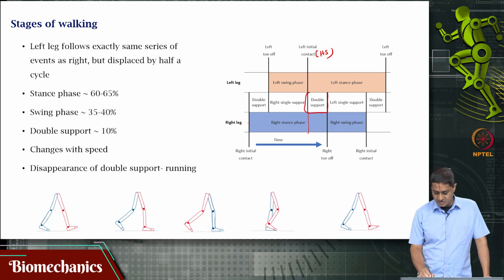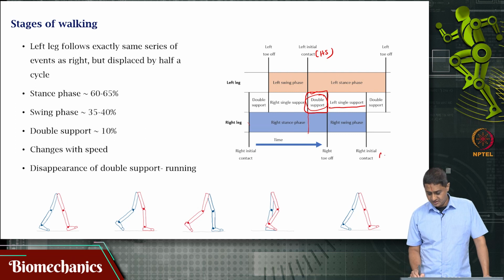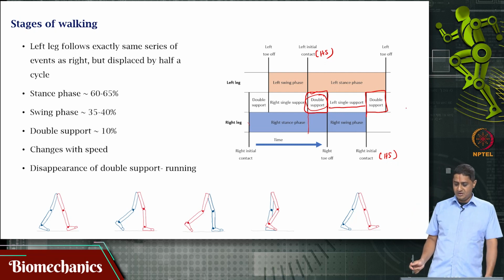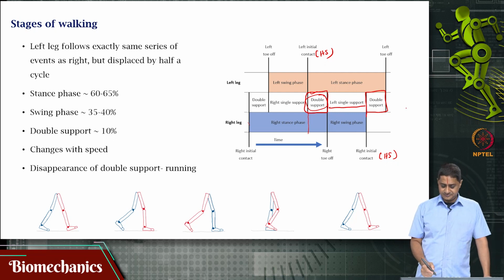That phase is called as the double support phase, right. And then the right leg starts swinging, right, initial swing. During this time, the left leg is supporting the body, and then the right leg makes an initial contact as a heel strike, and then the double support phase again follows. So, this continues, right.